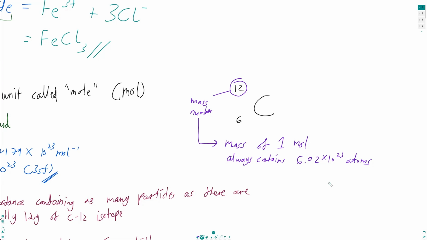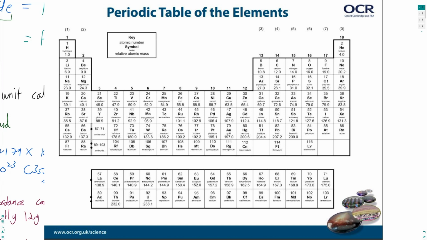So likewise, if we look at the periodic table, which I'll show now, I'm actually going to look at the one in my textbook. So for instance, if we look at fluorine, you can see that the mass number there is 19. So that means that 19 grams of fluorine is equivalent to 1 mole of fluorine.